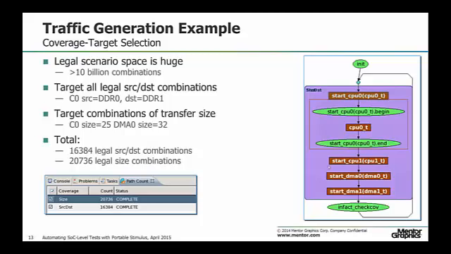Once we have set up our goals like this, we can do this kind of analysis that shows us that given these constraints and coverage goals, for the size combination there are about 20,000 combinations, and for source and destination, there are about 16,000. That's a lot less than the 10 billions, so it's certainly something that we can target.